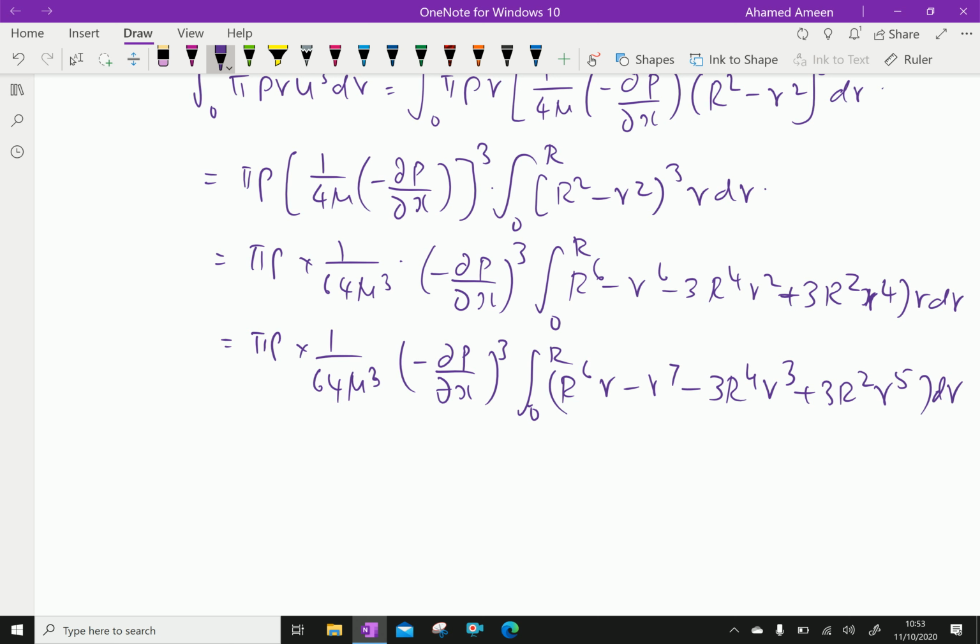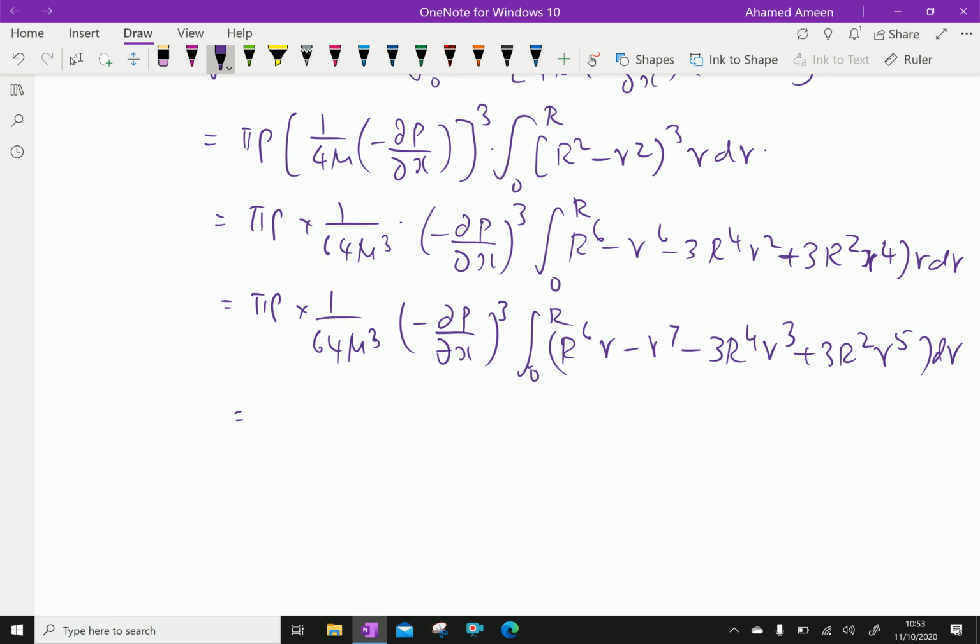Now further, pi rho 1 by 64 mu cube, minus dou p by dou x the cube.